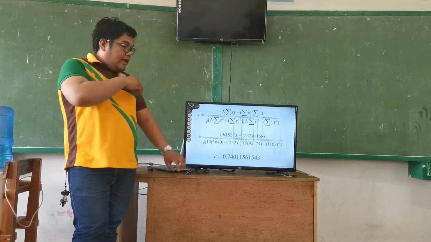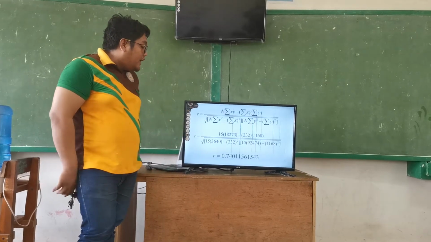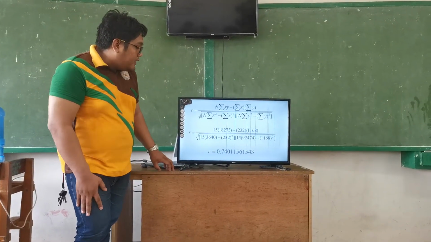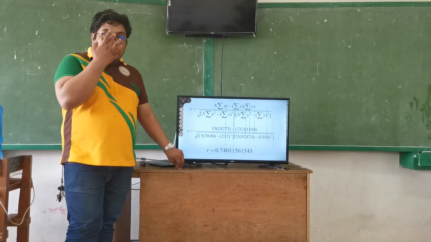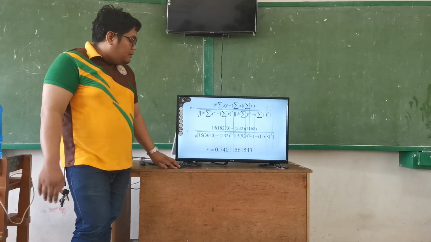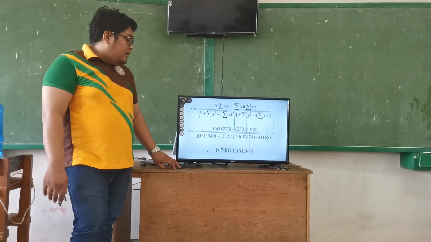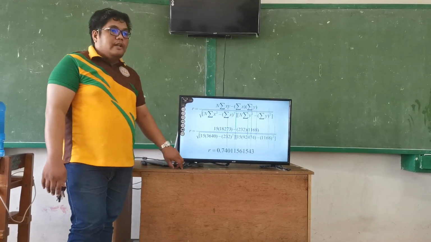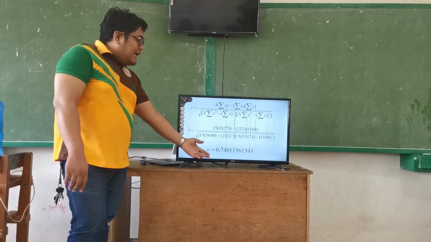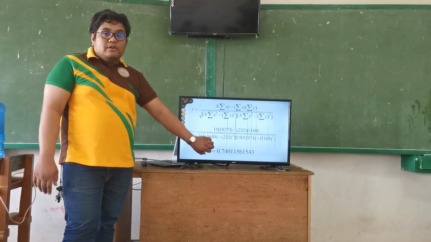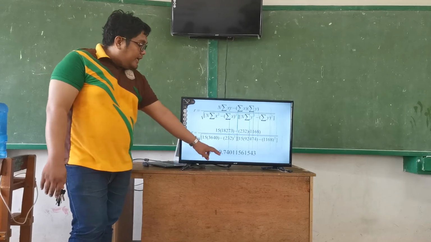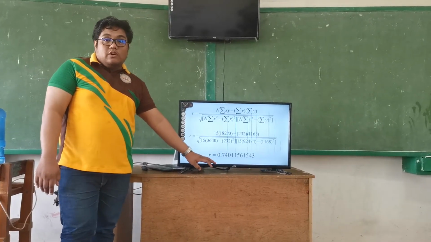And then at the end, you will get r with the value of 0.740156153, or rounding off, 0.7401.